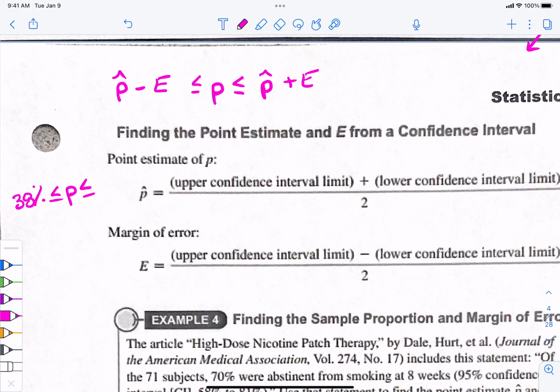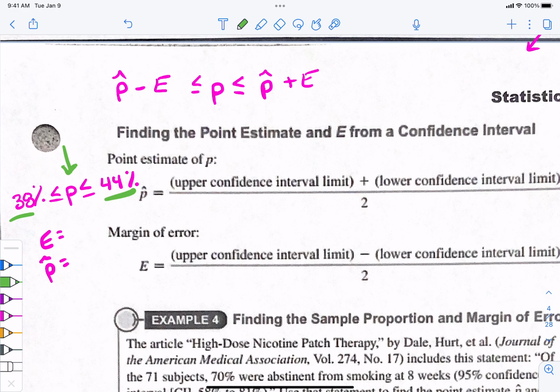I'm making these numbers up. Then can I figure out what the error is and what P hat is? P hat has to live exactly between these two numbers, correct? What number lives exactly between those two numbers? 41. Did you do that by counting or how did you do that?